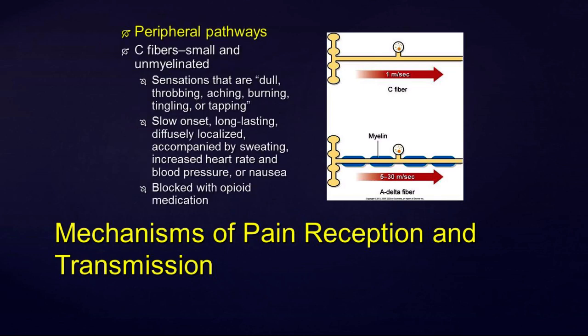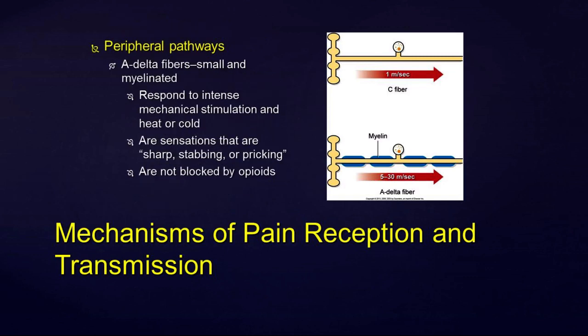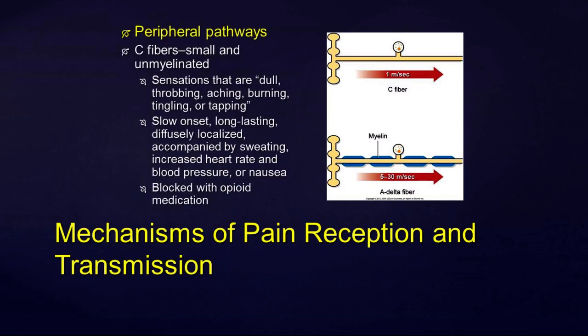C fibers are smaller. They're usually free nerve endings. So a lot of times those A delta fibers, they're involved in specific tissue sensors. The C fibers are small and unmyelinated. They're the sensations that are dull, throbbing, aching, burning, tingling, or tapping. Lots of words to describe pain.